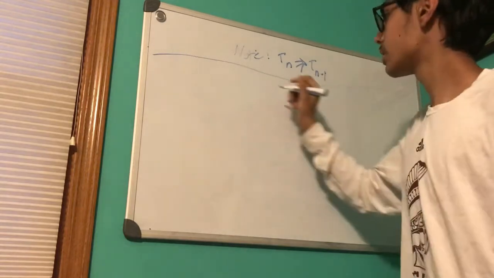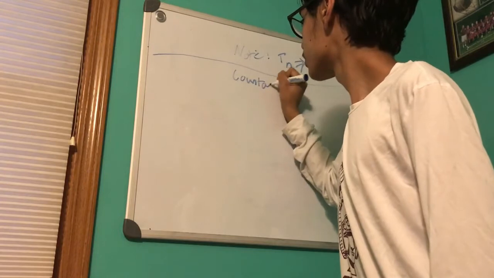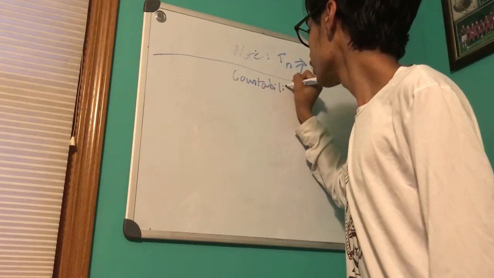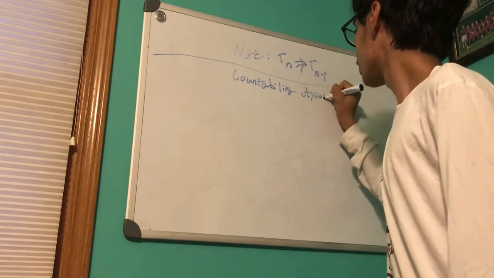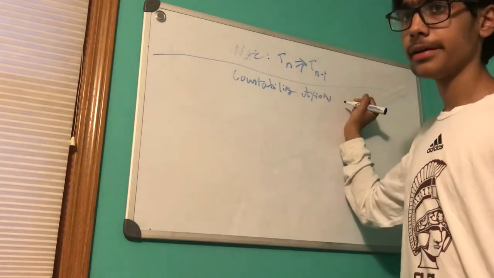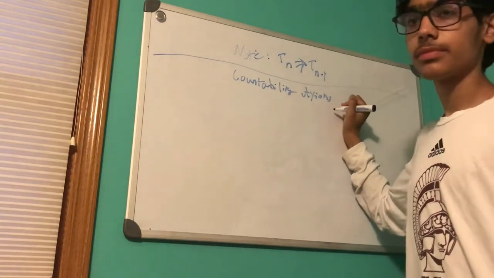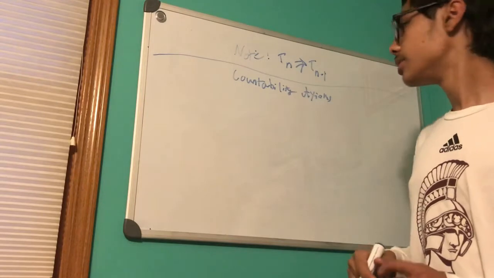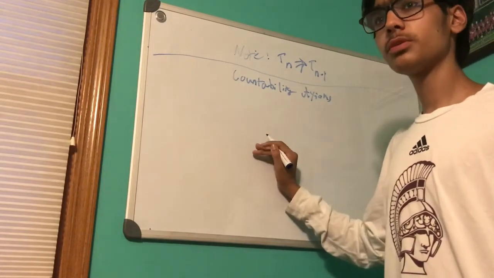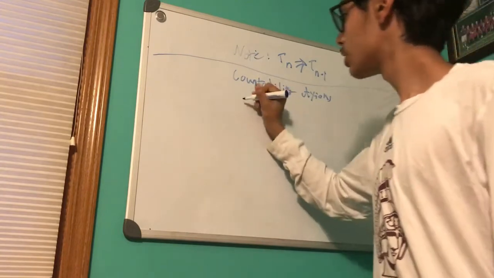Countability axioms. Lovely times. There are only 2 actually, which is nice. They're not anything special either. They're actually pretty good. I don't think we have a specific letter for them. We just say first countable, second countable.